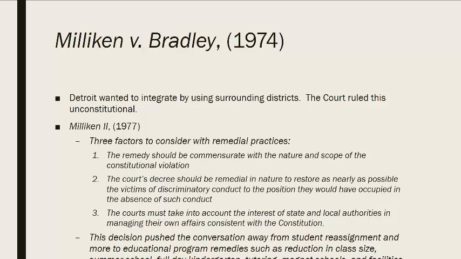Number two, the court's decree should be remedial in nature to restore as nearly as possible the victims of discriminatory conduct to the position they would have occupied in the absence of such conduct. And number three, the courts must take into account the interests of state and local authorities in managing their own affairs consistent with the Constitution.